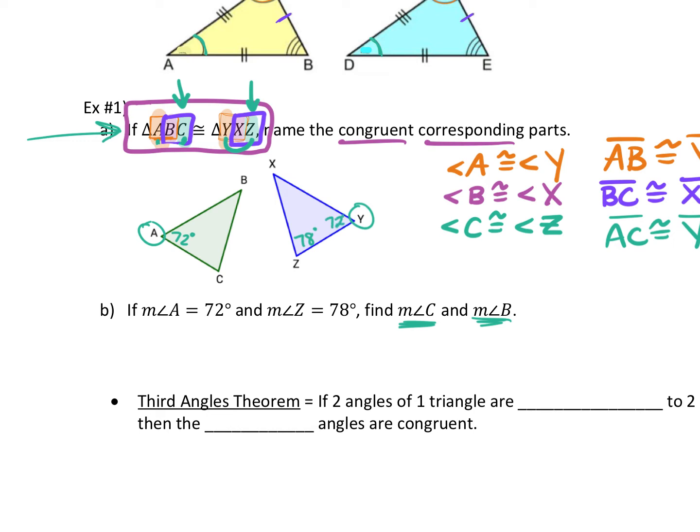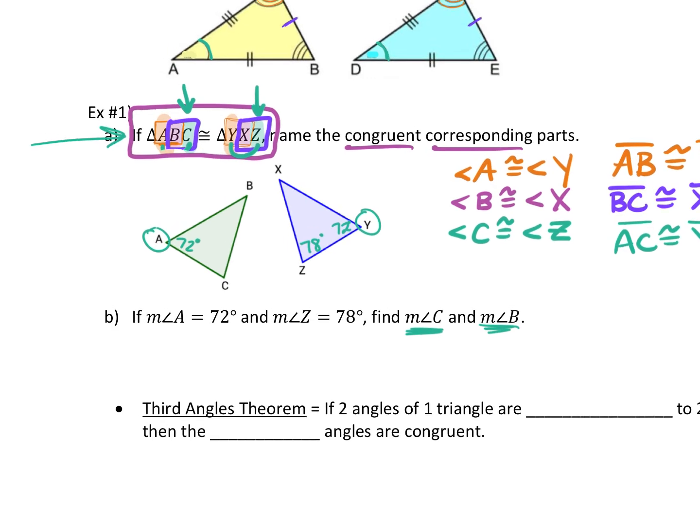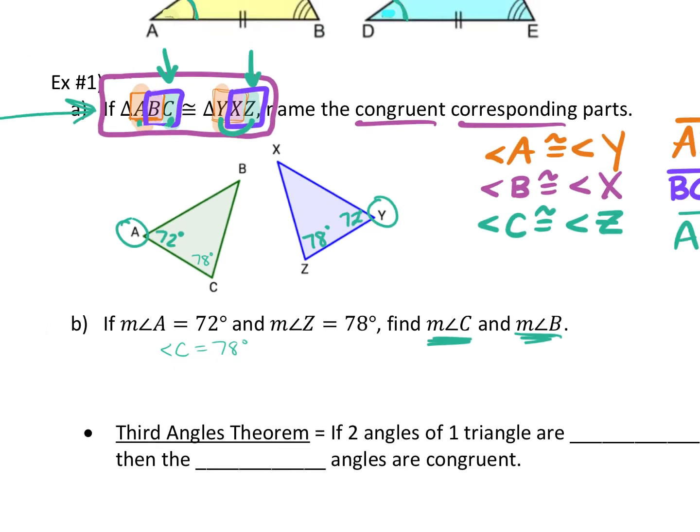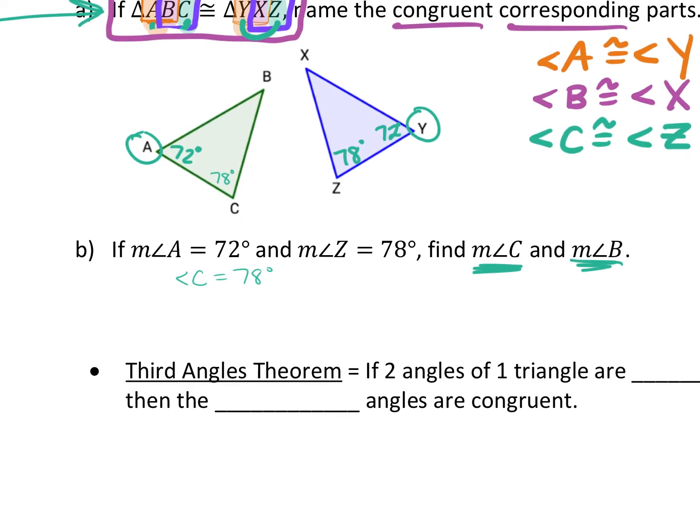Okay, so what is angle C? 78, same as this one, right? We're just matching up the corresponding parts. So angle C will be 78 degrees. And then they ask us to find angle B. How do you find angle B?